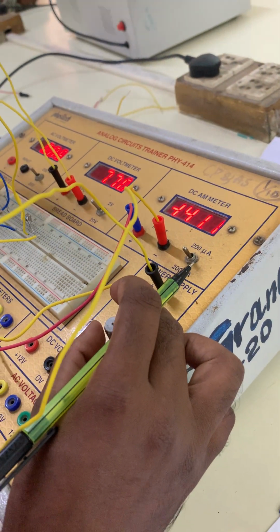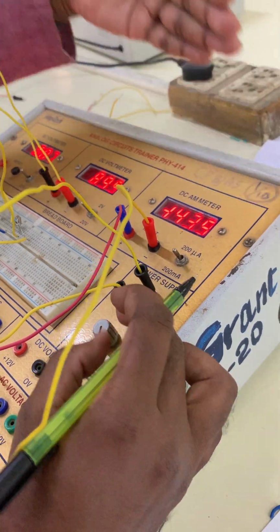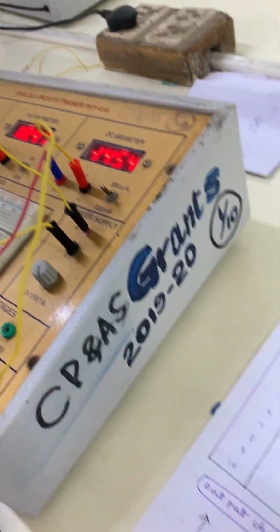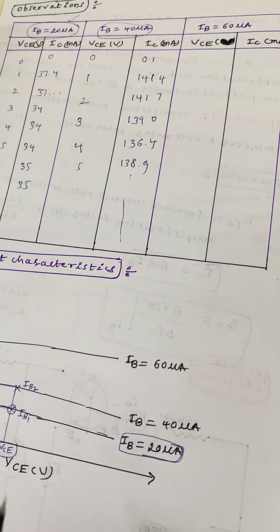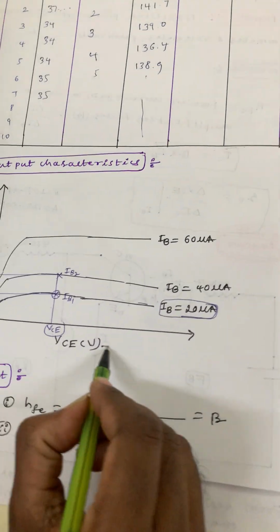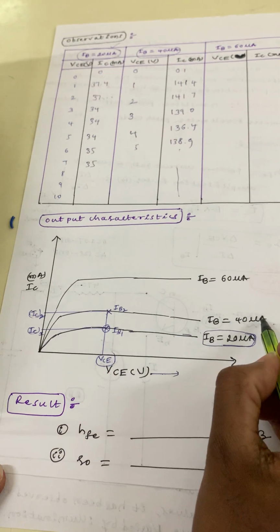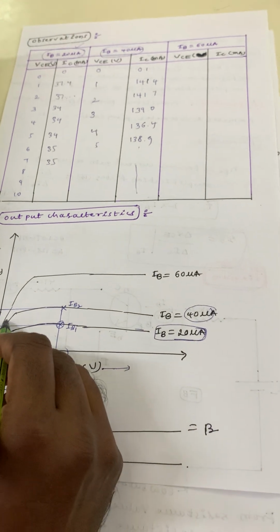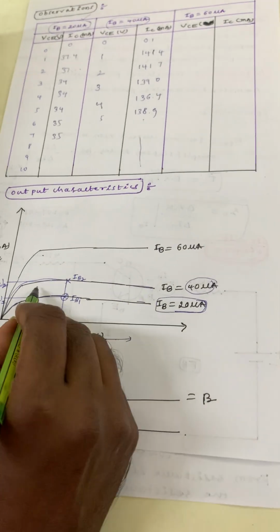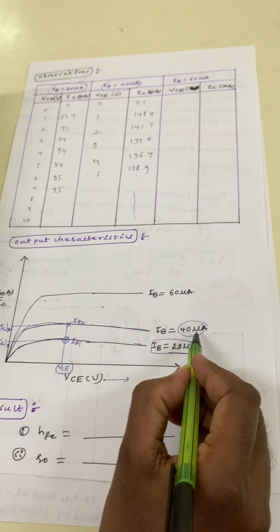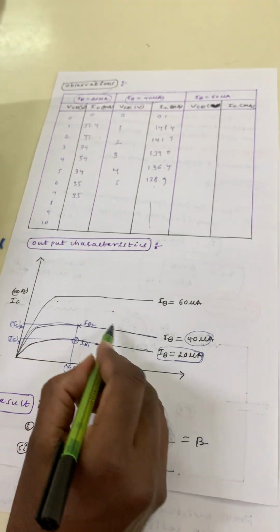So next 6 volts or 7 volts and 8 volts and so on, you have to take, approximately 141 is maintained. For the graph of VCE versus IC at fixed IB, you are going to get this one. So for IB 40 you are getting this curve.